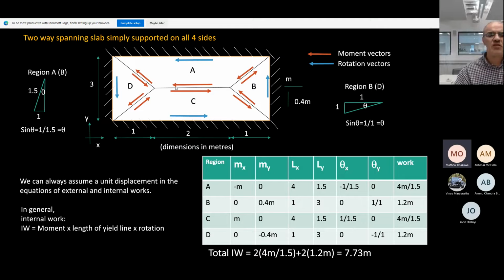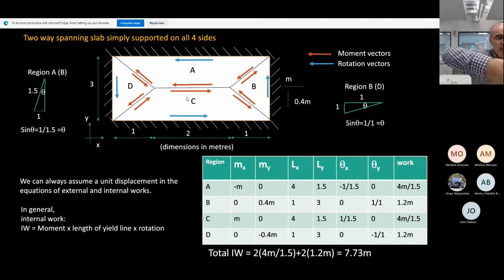This is the direction of the moment for A. That's the moment vector. That means it rotates upward at the center. It comes from below upwards, and then using your right hand, it gives you this direction. We have already explained this.